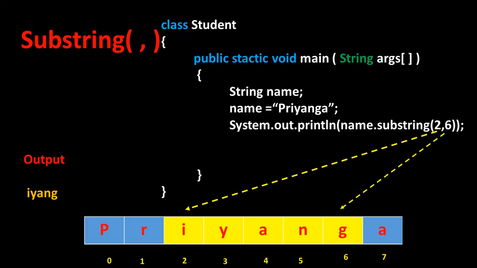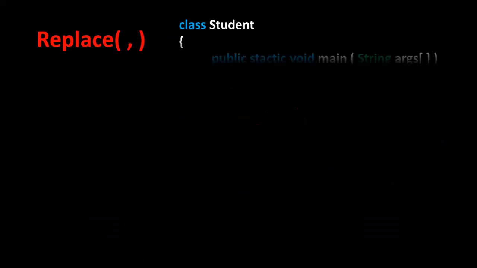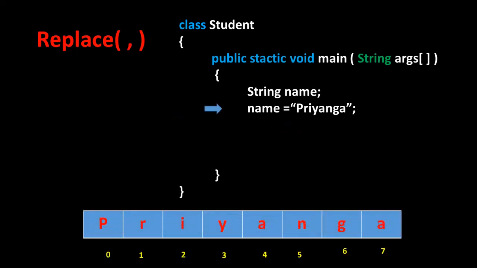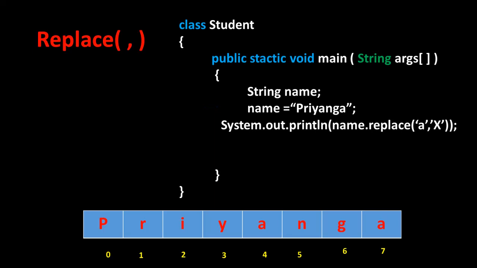Right. Now we have another one, that is replace. So what is replace? Let's see. Here I have a Java program, and once I execute the line, I will get the character array. And then, replace x: the new value is x and the old one is a, simple a.